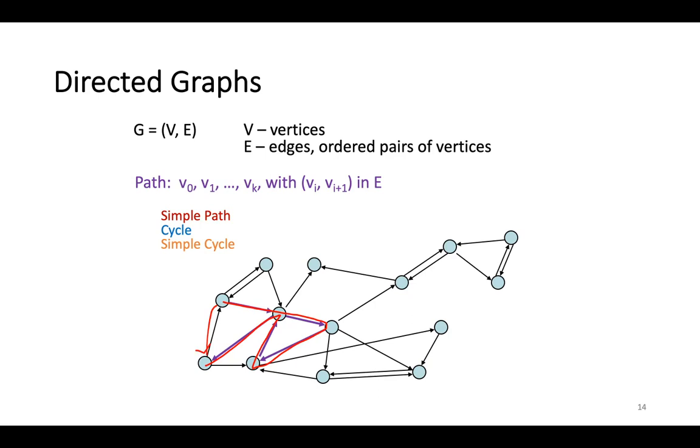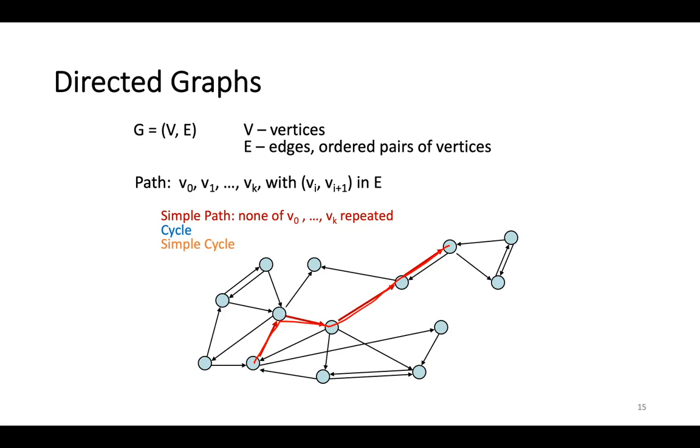And there are several types of paths. So there are simple paths. It doesn't have any repetition. So this is about a path from one node to another node, one vertex to another vertex, and there is no repetition in that.